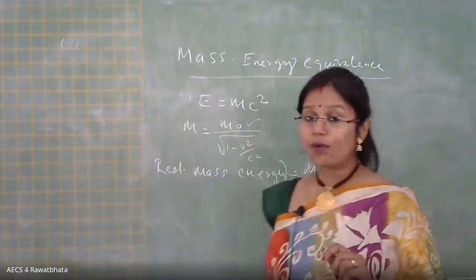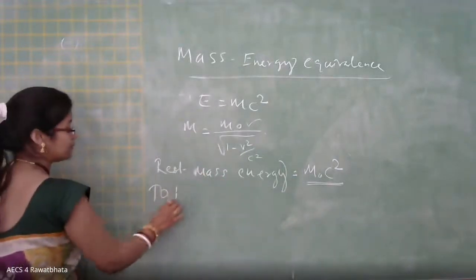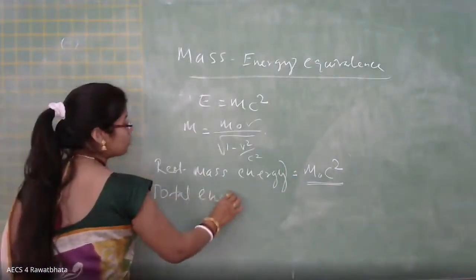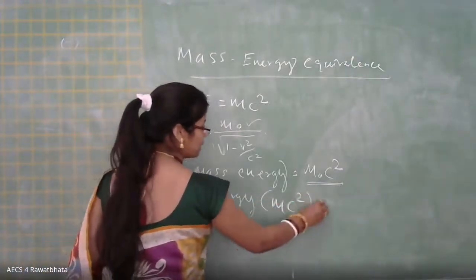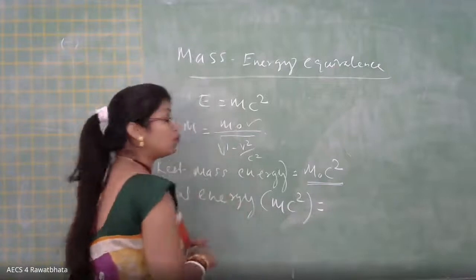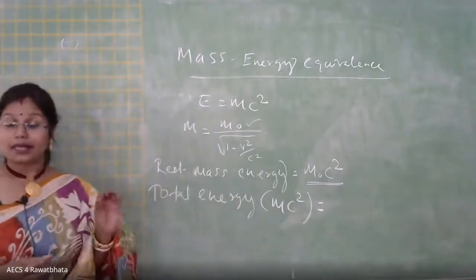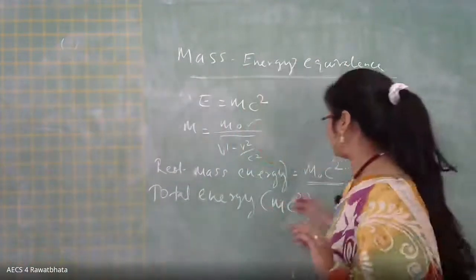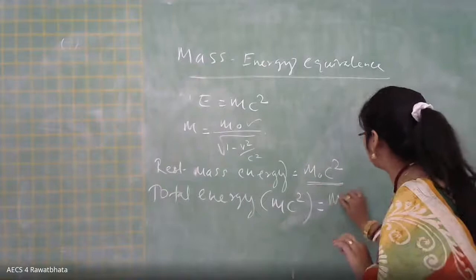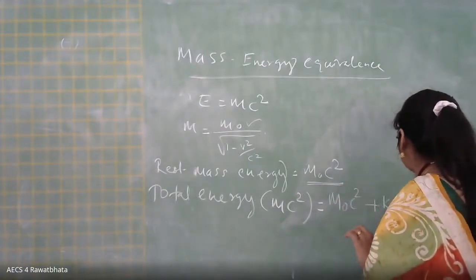Now, when you're talking about the total energy, we are writing it as mc square. You're taking the mass m. This energy will be equal to the rest mass energy plus the kinetic energy of the particular particle we're talking about. So this will be equal to your m naught c square plus the kinetic energy, dear.